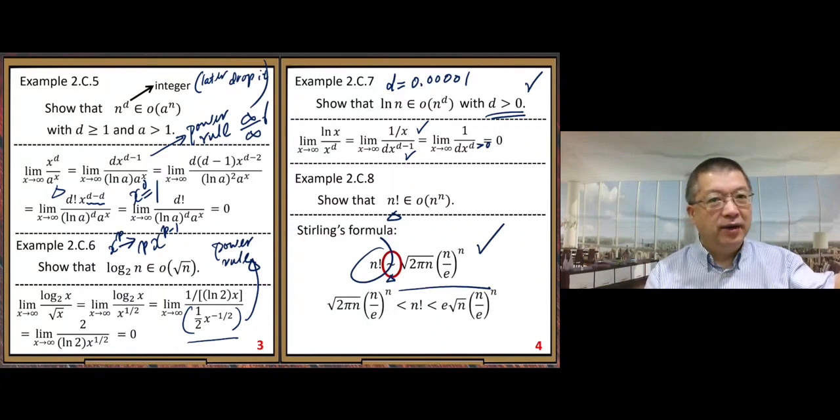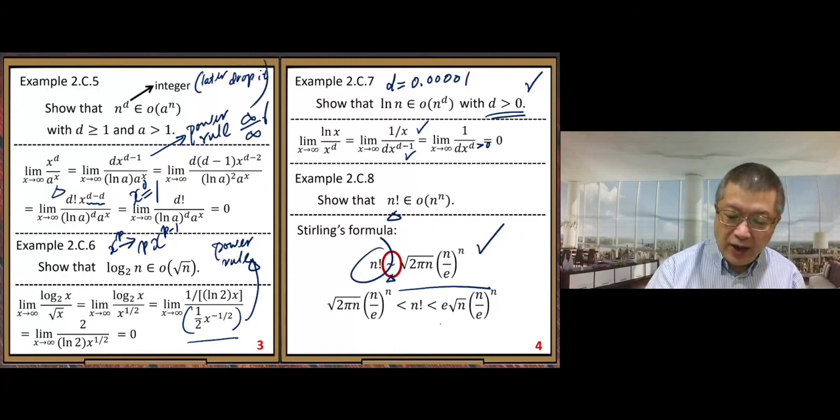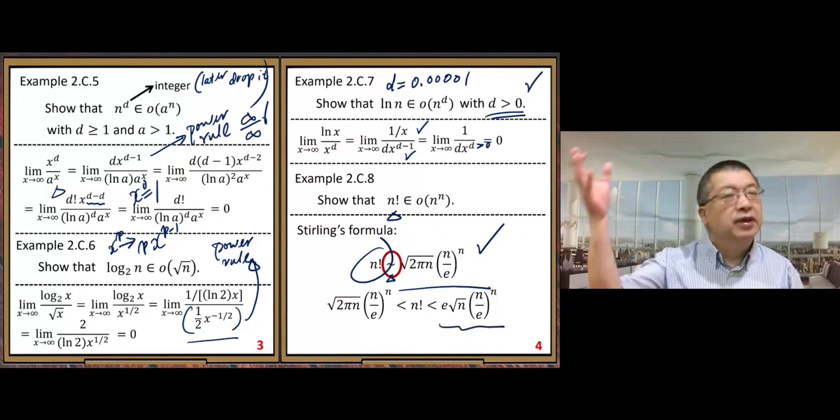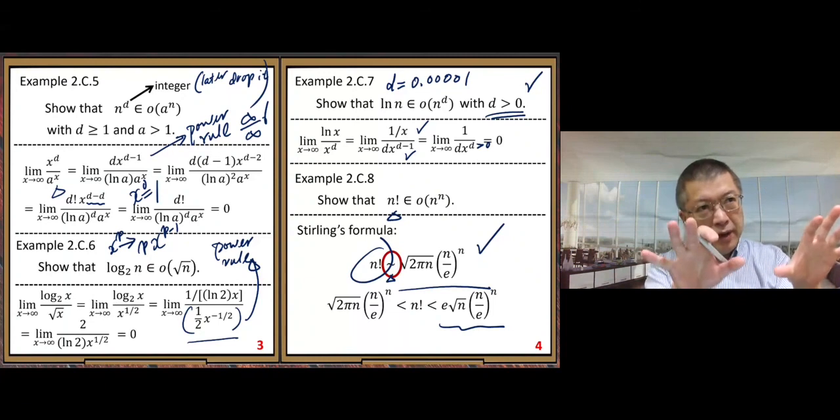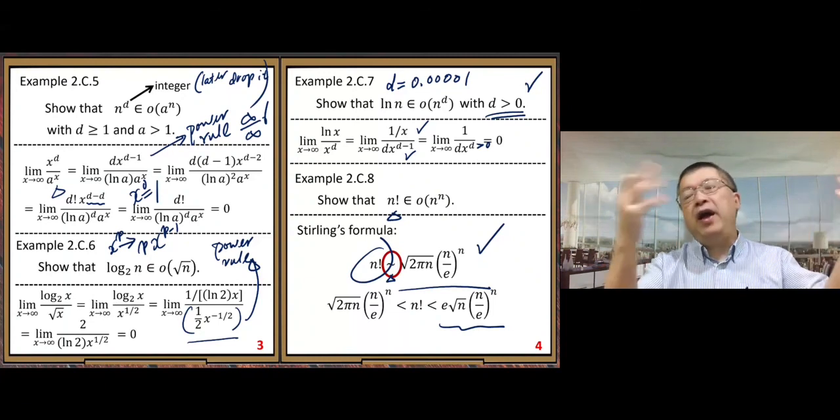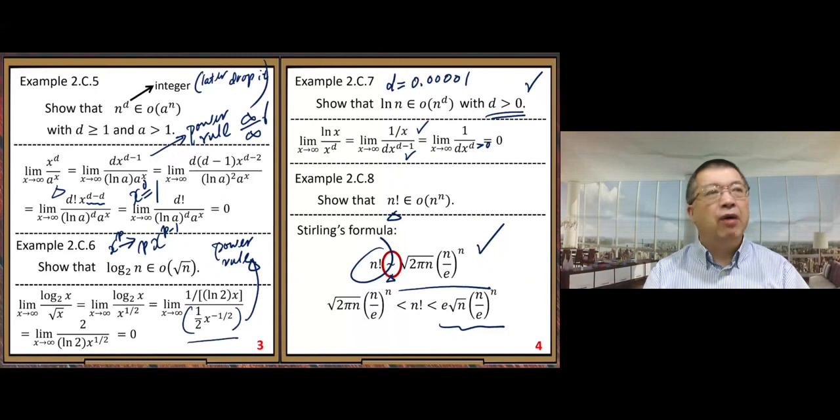So we have a lower bound expression for n factorial, and we also have an upper bound expression for n factorial. So when we have both expressions to approximate n factorial, then we can apply some math tool to solve it.